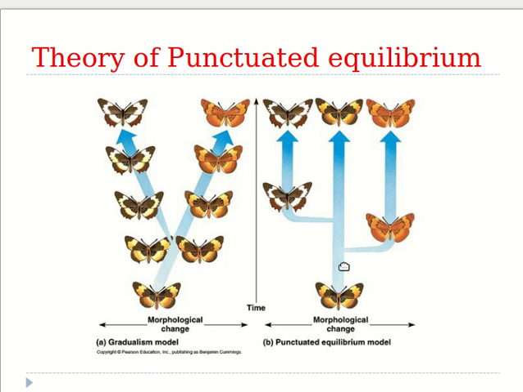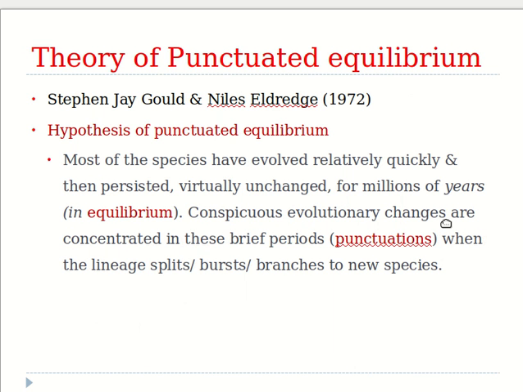And those periods were known as punctuations, right? So these are equilibrium, and whenever a particular species divided into two, there it was punctuations, and at that point we can see conspicuous evolutionary changes. So this was what Gould and Eldredge brought forward.